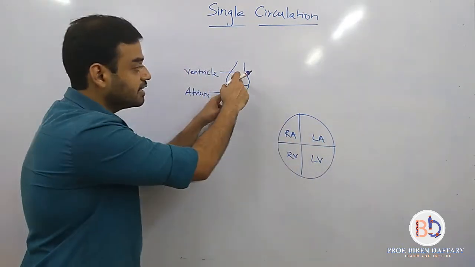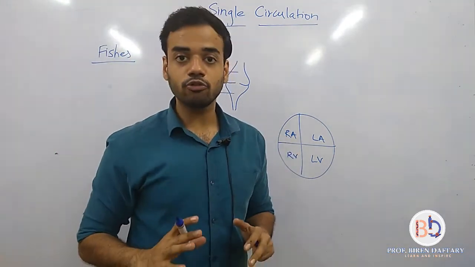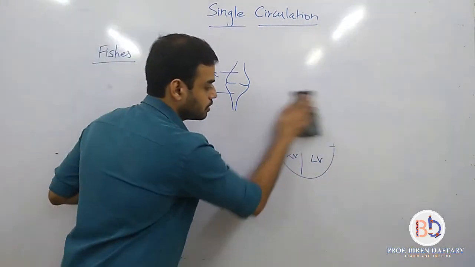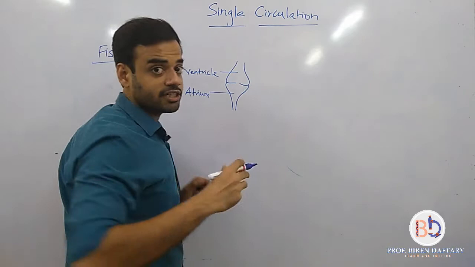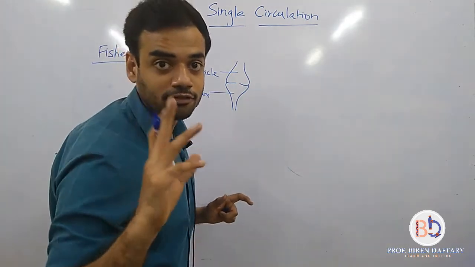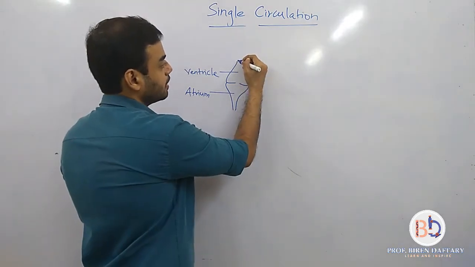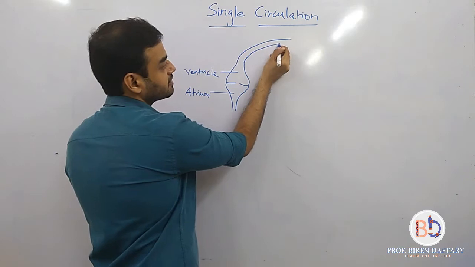But here in the two-chambered heart, only deoxygenated blood flows through the heart. So how is the circuit? Now, deoxygenated blood from the ventricle, there is no left and right because there is only one ventricle. So from the ventricle, deoxygenated blood will go through these blood vessels.